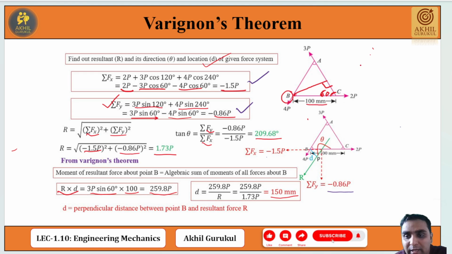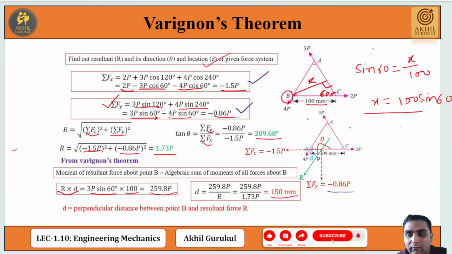So we can use sine 60 equal to x divided by 100, so x is equal to 100 sin 60.